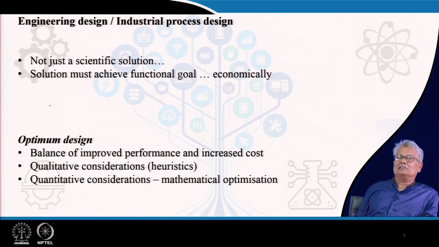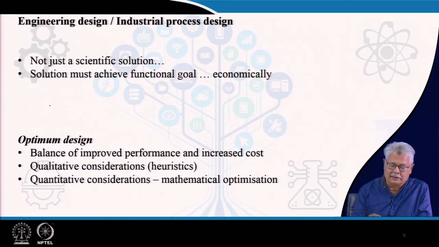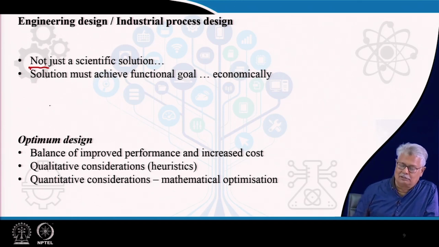The basic difference in case of engineering is it's not just science. It also involves a good amount of economics. So, what we look for in an engineering design solution or an industrial process design is not just the scientific solution. The solution definitely must achieve the functional goal. We have talked about the functional goal in different examples earlier, but it must be achieved economically.